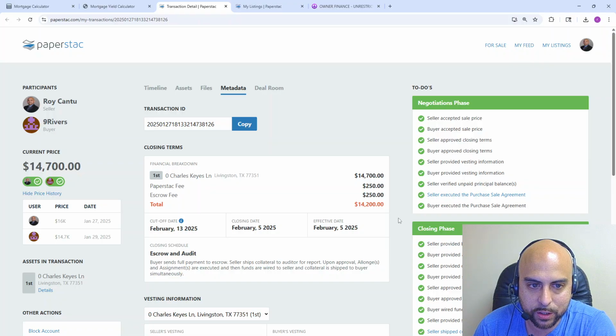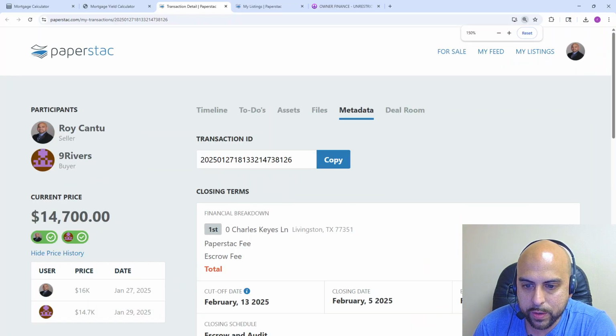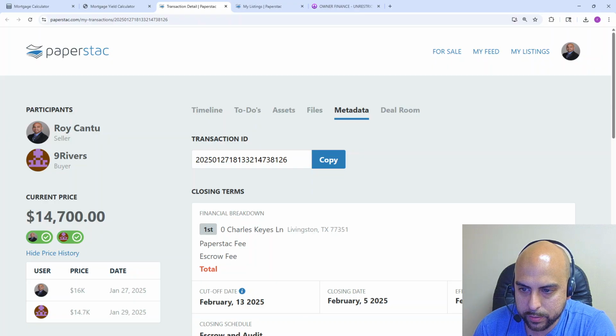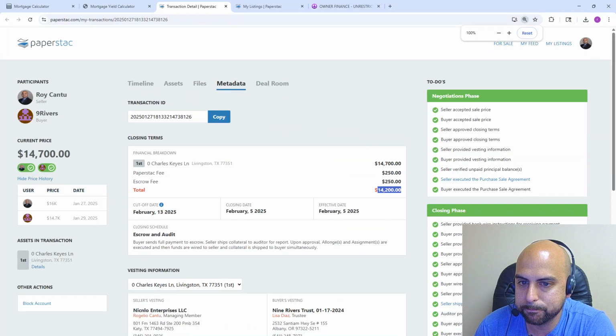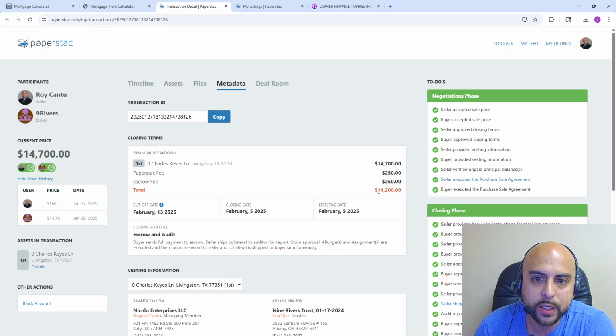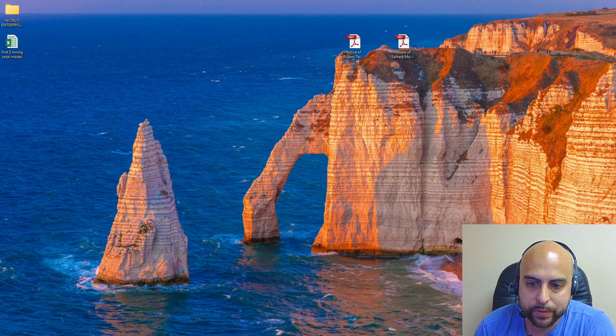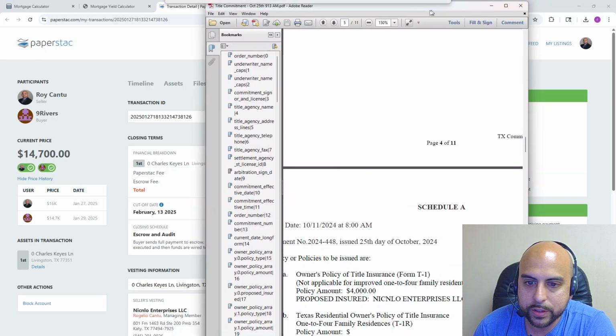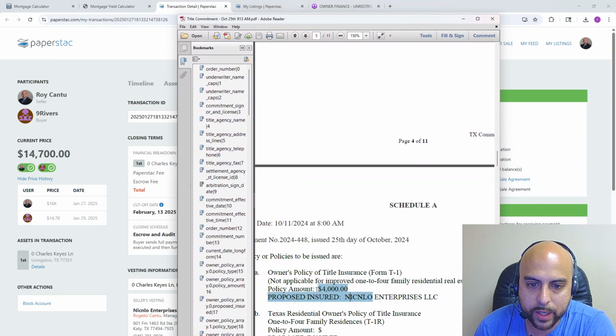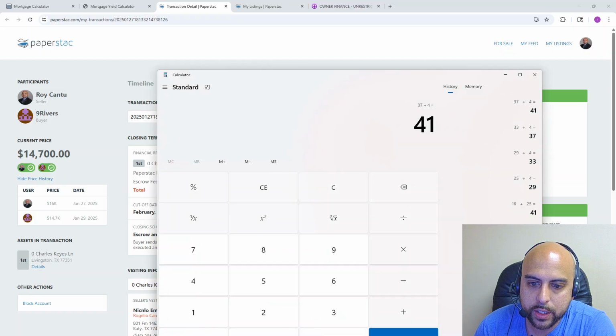So after closing costs and all, I walked away with 14.2. If you see that right here, there we go. $14,200. And remember, I paid 5,500 for this property, right? It's the $4,000 price plus $1,500 in closing costs, 5,500.